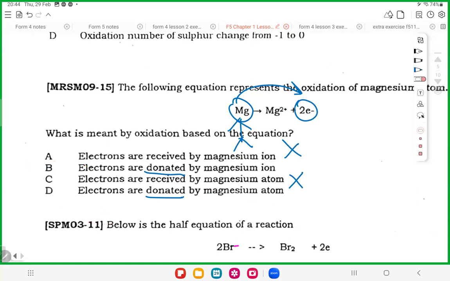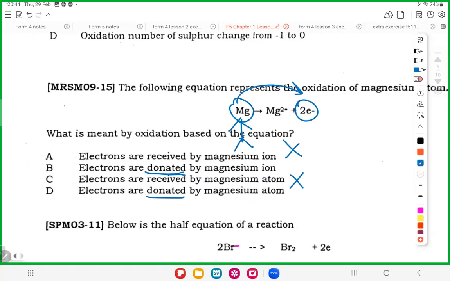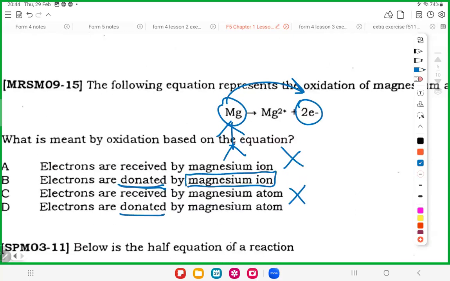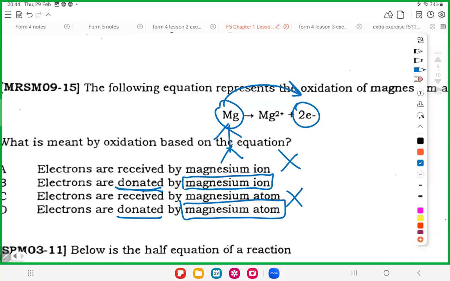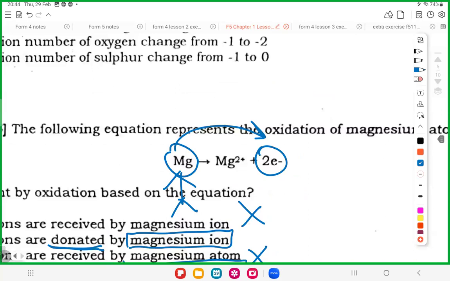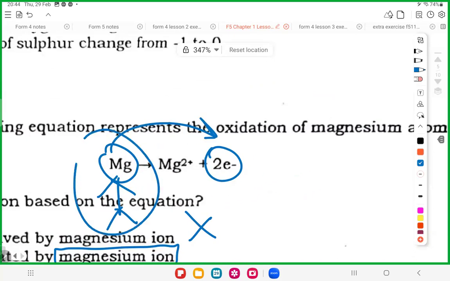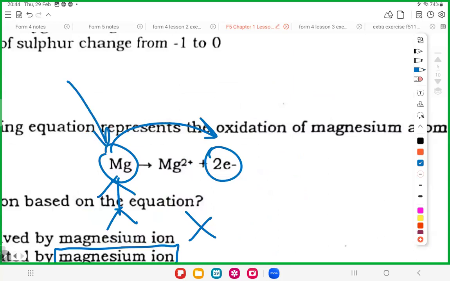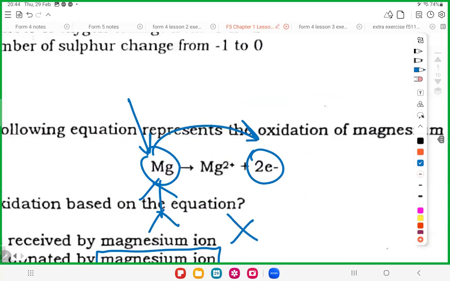Next one. How to know the electron is donated by who? Donated by magnesium ion or magnesium atom. Okay, guys, this is important. Who throws the electron far away? This fella called Mg. This Mg comes alone and it doesn't have any charge.